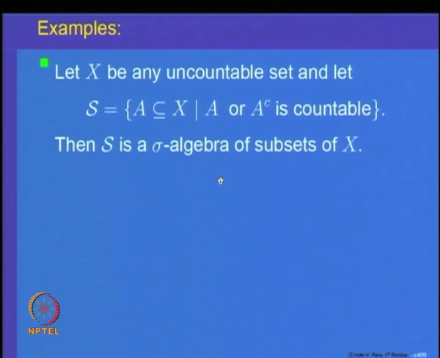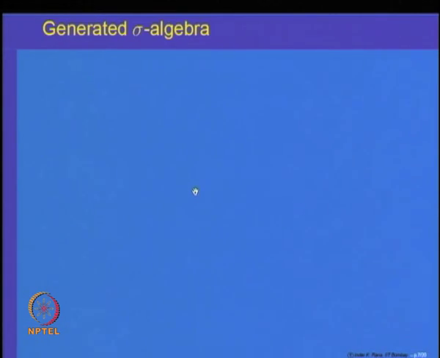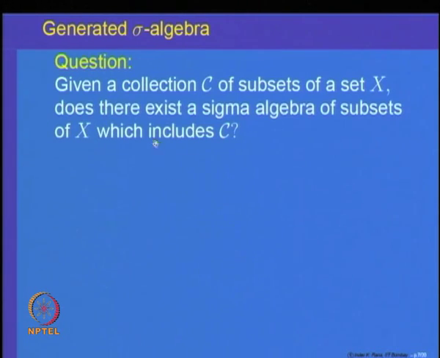So, we have given an example of a collection S of subsets of a set X, which is a sigma algebra. So, next let us ask the question, given a collection C of subsets of a set X, it may not be an algebra or it may not be a sigma algebra.